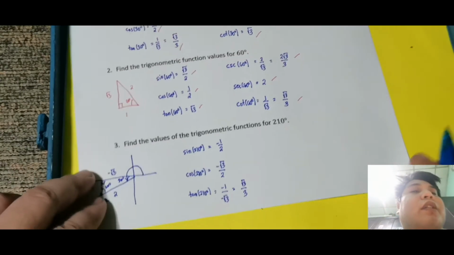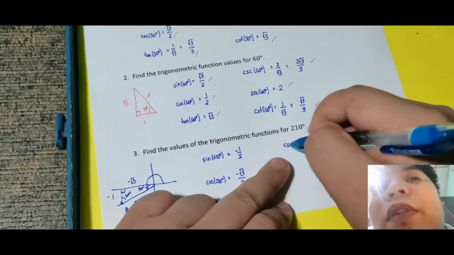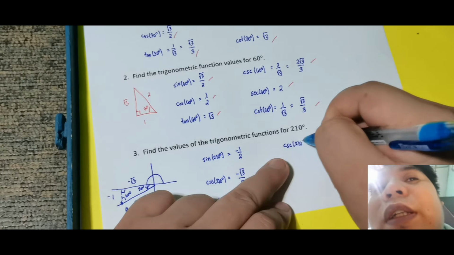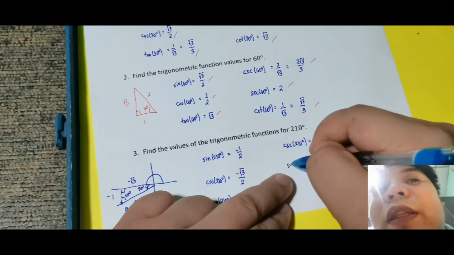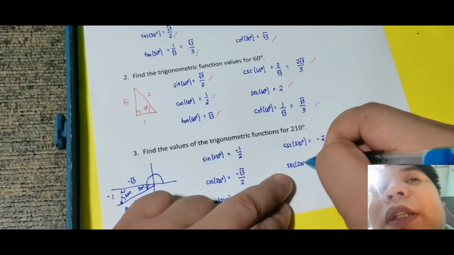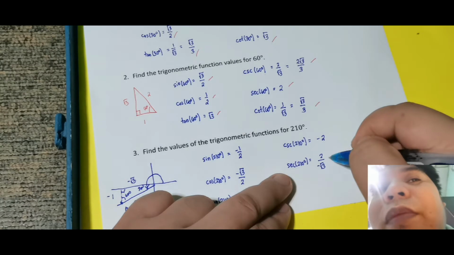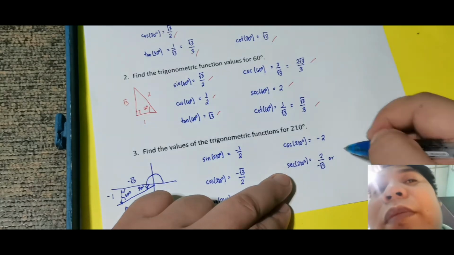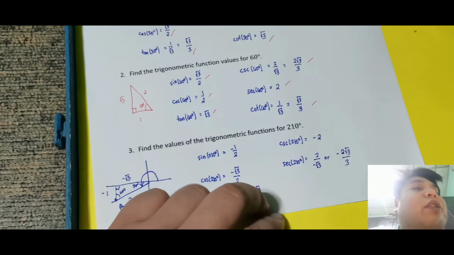Next is, kunin natin yung value ng ating cosecant. So cosecant ng 210 degrees is simply negative 2. Secant ng 210 degrees is 2 over negative square root of 3. Or, pag sinimplify, that is negative 2 square root of 3 over 3, pag nirationalize.